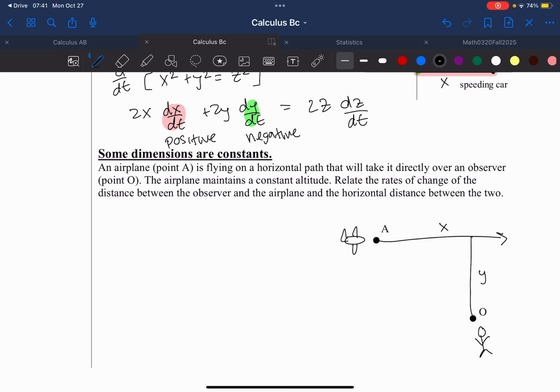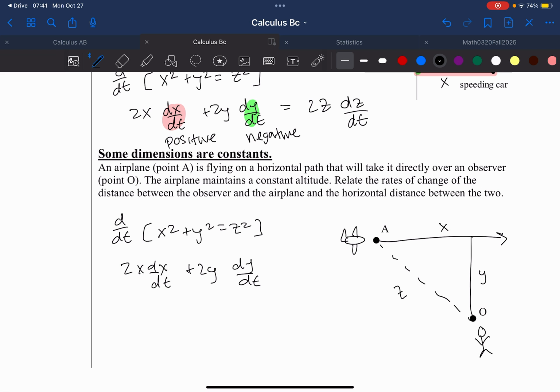Let's make that y. And then the distance between them here will be z, which means we could do x squared plus y squared equals z squared. Take the derivative with respect to time, just like we did before. And so we get 2x dx dt plus 2y dy dt is equal to 2z dz dt.